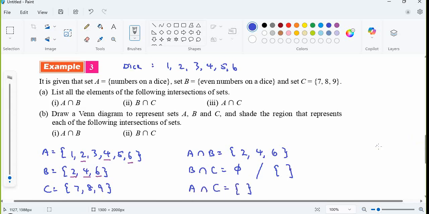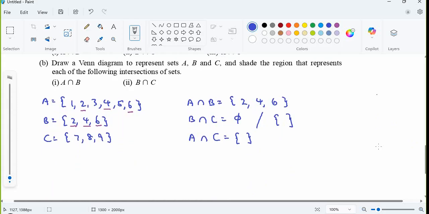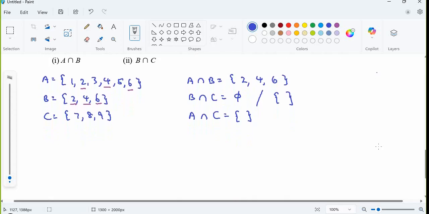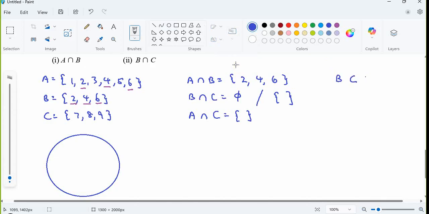Now we need to draw the Venn diagram to represent A, B, C and shade the region that represents each of the following: A intersect B and B intersect C. Over here, it is very obvious that B is a subset of A. So B is inside A here.